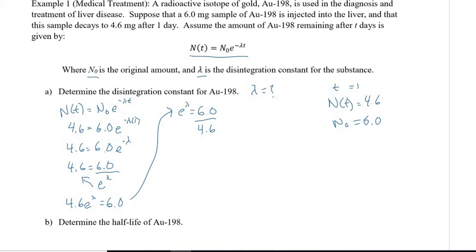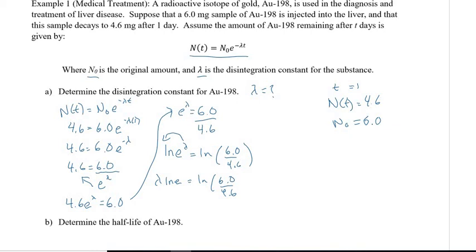So we need to solve for that exponent lambda. We're going to use a little trick that hopefully you remember from the last lesson, where we just take the natural log of both sides. Remember, according to our log rules, if we have an exponent inside the logarithm, we can move it out front, and it becomes lambda times natural log of e equals the natural log of 6.0 over 4.6.